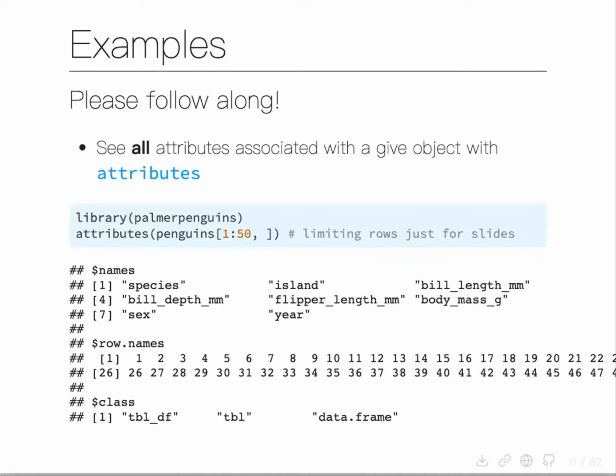Please follow along. I'll give you a minute here. If you don't already have it installed, please install the Palmer Penguins dataset. That's all it is, a dataset. But install.packages Palmer Penguins, and then just go ahead and say attributes on Palmer Penguins. I've limited this to the first 50 rows, just because I wanted to keep it all readable on the slides. So you could do it on the entire data frame.